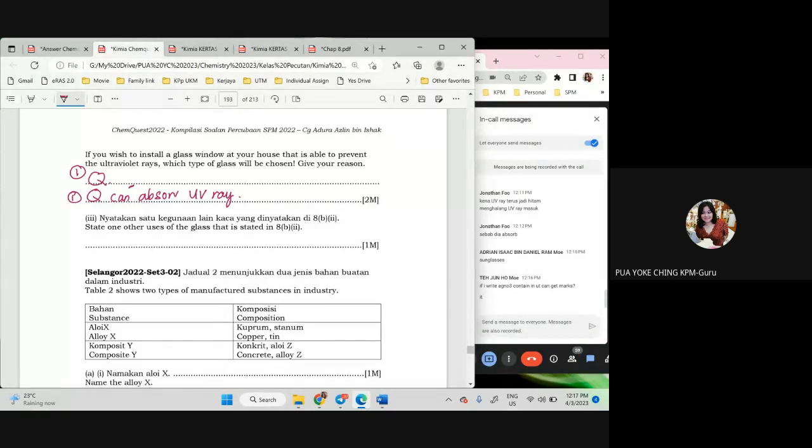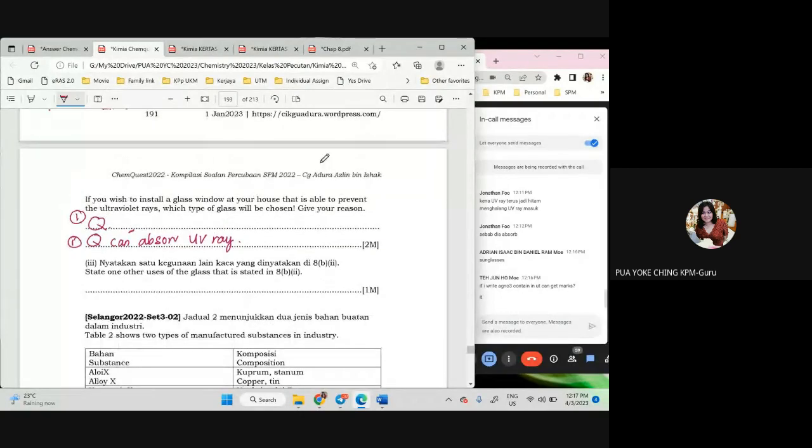Okay, for these questions, the reason must clearly show that the glass darkened and how. So we accept a very general answer where it absorbs UV ray. So when it absorbs, then the glass darkens.